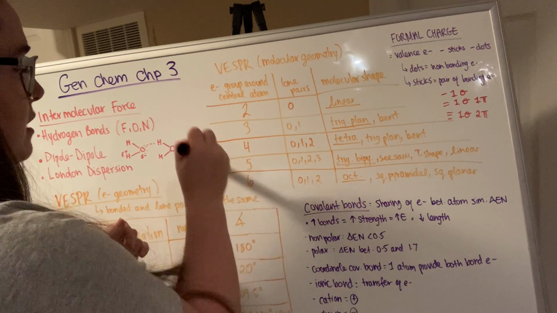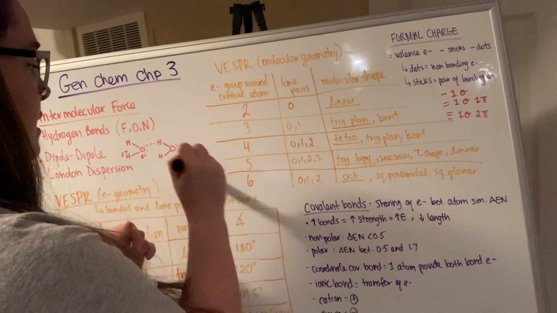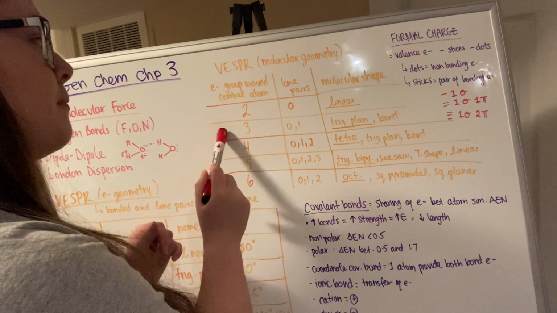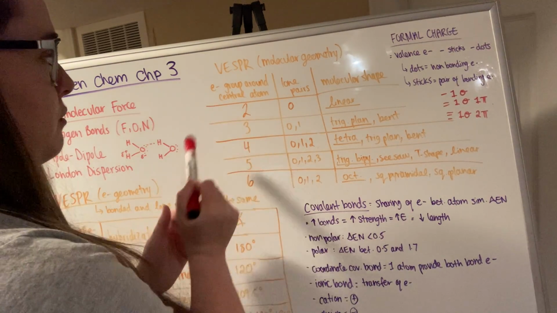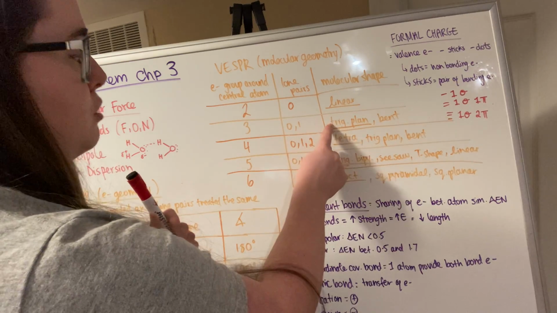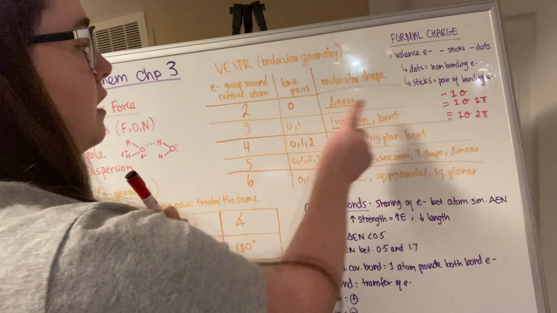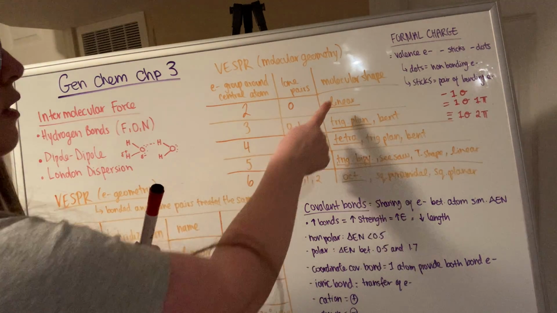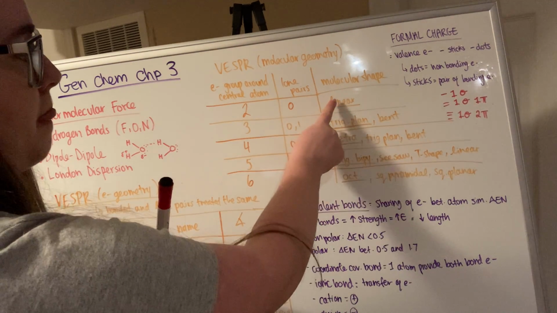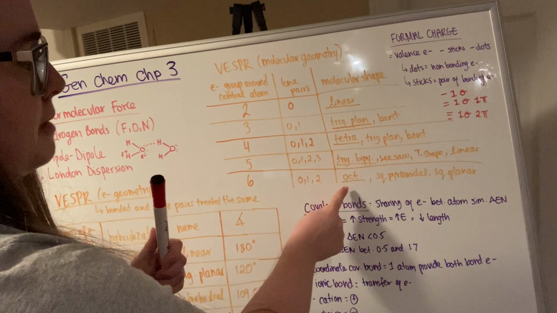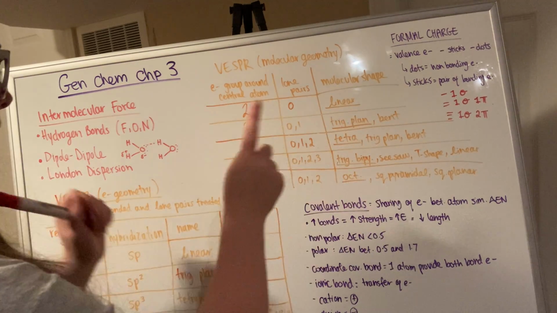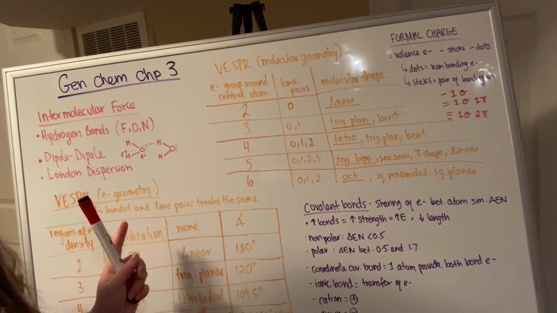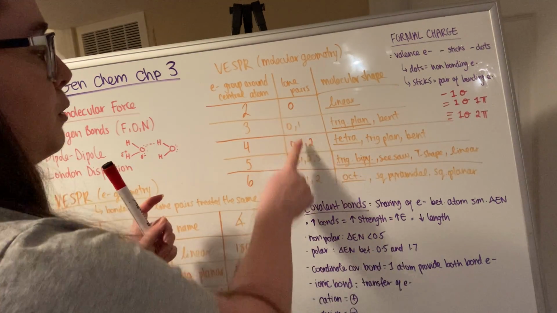So I will go back to the 3 region example because I did jump ahead on that one. If there were 3 electron groups around the central atom and 0 lone pairs, it would be trigonal planar. And if it was 1, it would be bent. The molecular shape names are the same as the electron geometry names when you have 0 lone pairs.